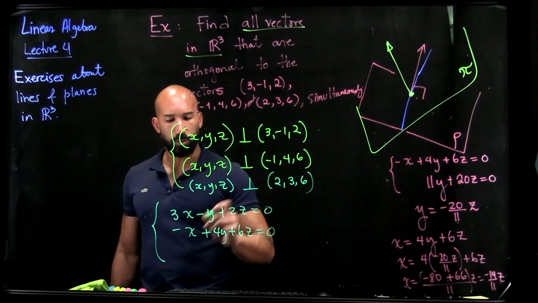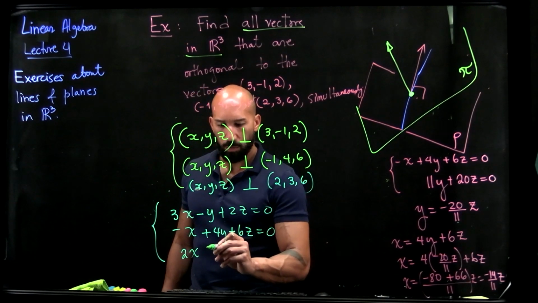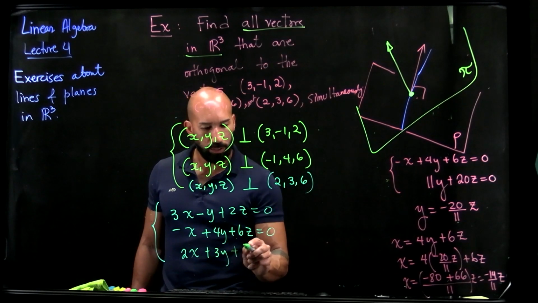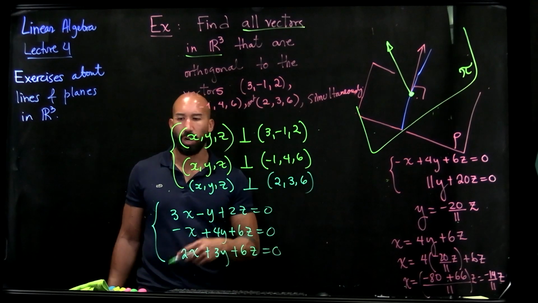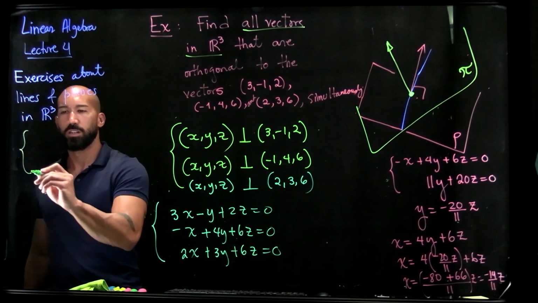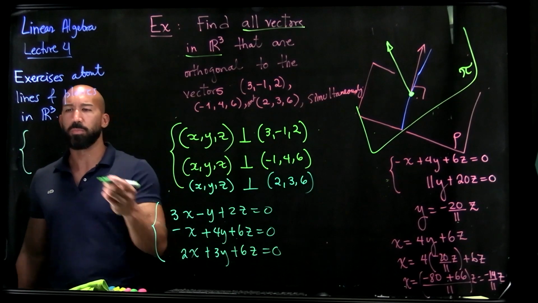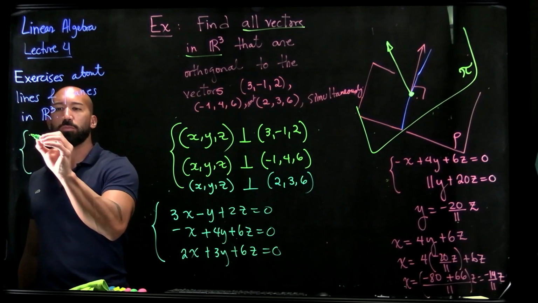And we get here 2x plus 3y plus 6z equals to 0. I can change the order of this equation just because this coefficient is a little bit better to eliminate the first term of the other equation.